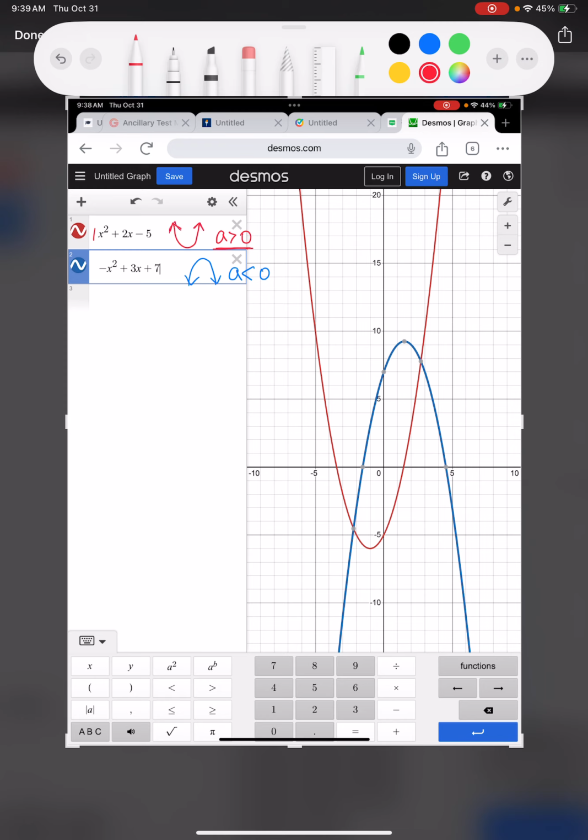Pointing up. And when your a value is negative, then your graph's left and right sides are pointing down. So remember, if your leading coefficient is positive, it's gonna be U-shaped, and if it's negative, it's gonna be upside down.